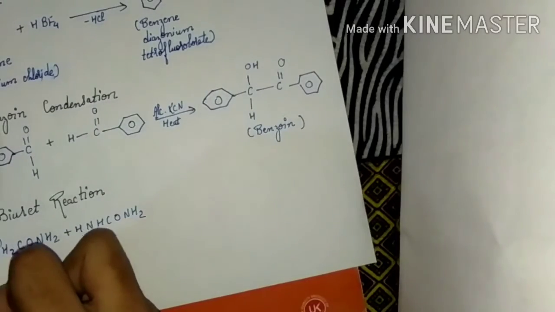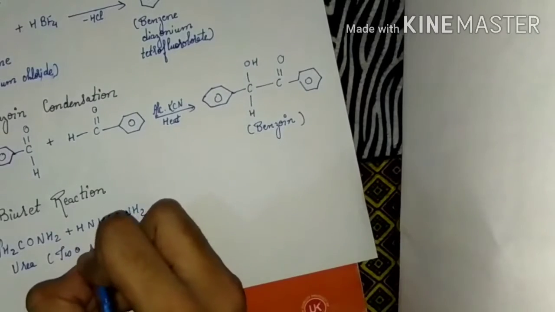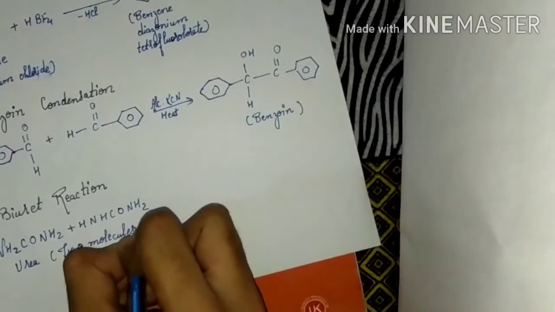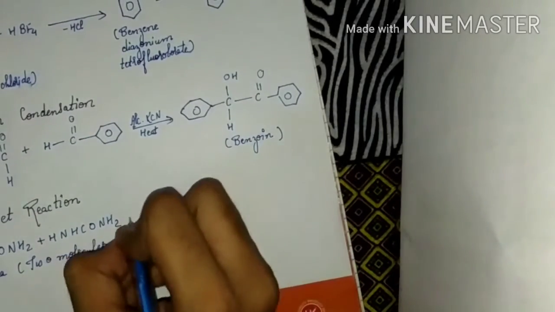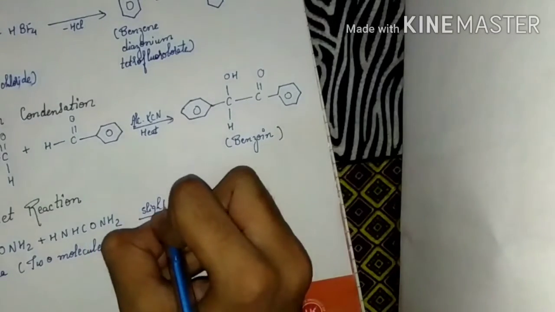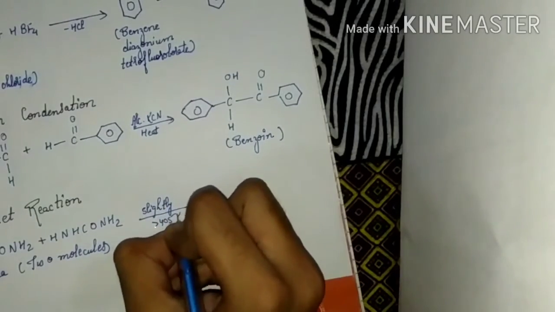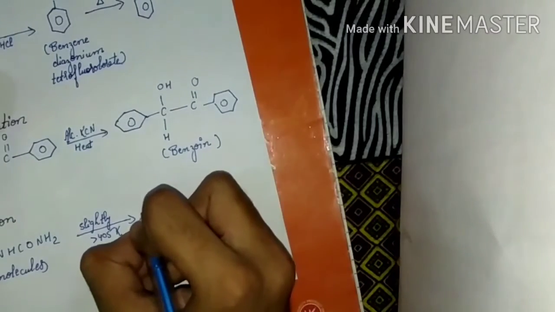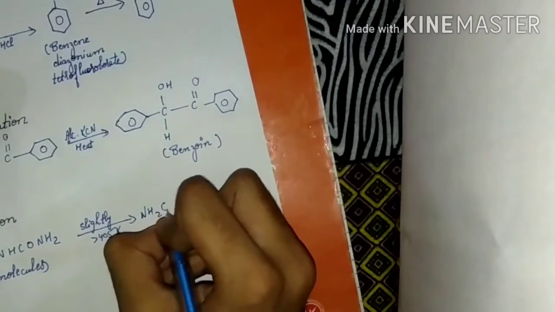Okay, so this is urea, two molecules. Let's make a sign for the reaction. Slightly greater than 405 K. For temperature we have to write at the down of the arrow. It forms biuret. What is the formula for biuret?